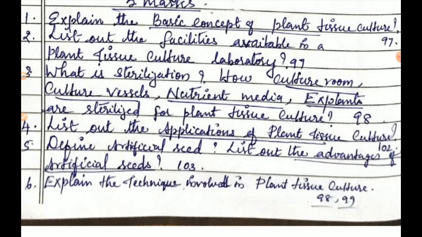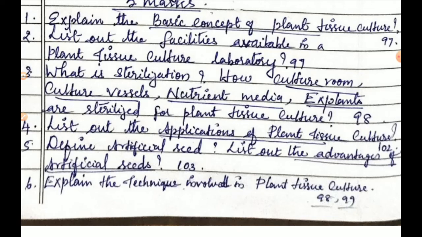Then media preparation: what are the different media used for plant tissue culture? The next is culture condition: pH, temperature, humidity and aeration. Then induction of callus: how will you induce callus? And embryogenesis: how will you transform callus into embryoids or embryo?